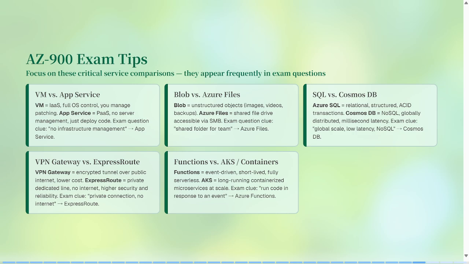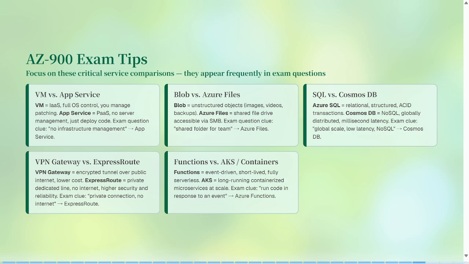First comparison, Azure Virtual Machines versus Azure App Service. Azure Virtual Machines are infrastructure as a service. You get full control of the operating system, but you are also responsible for patching, updates and maintenance. Azure App Service is platform as a service. You do not manage servers or operating systems.